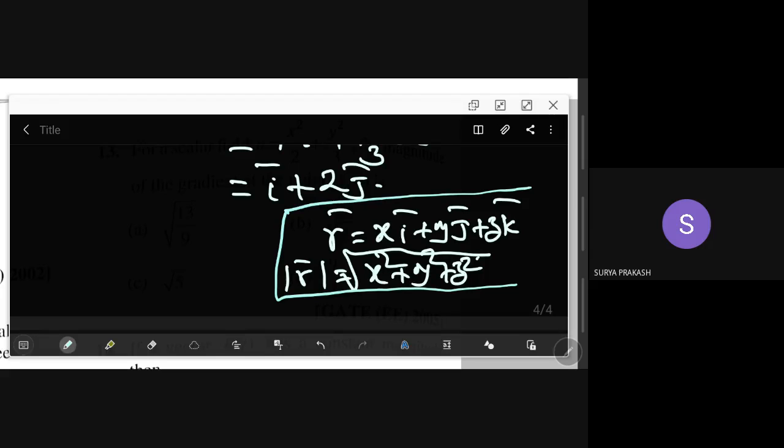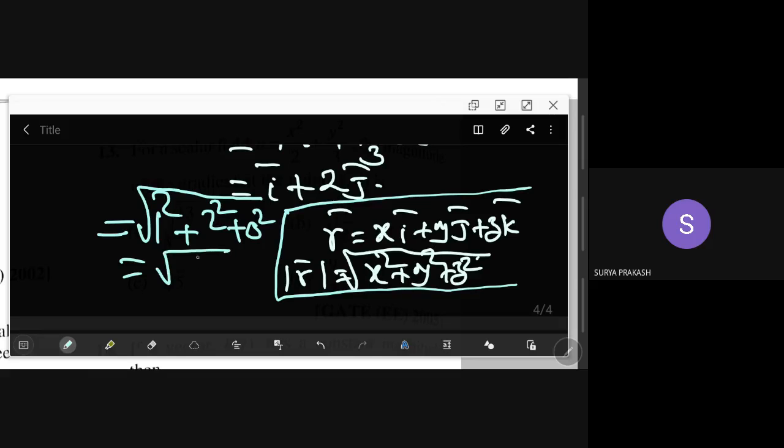This is a formula actually. So in this case, the i bar component is 1, so 1 square, the j bar component is 2, so plus 2 square, the k bar component is 0, so 0 square, whole under root. So you got the square root of 1 plus 4, this is root 5. So the magnitude is root 5.